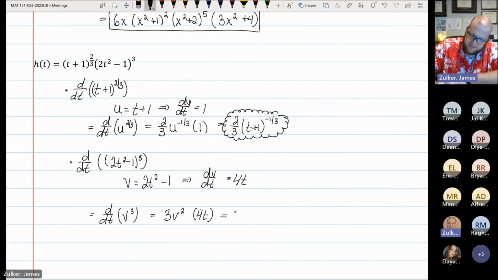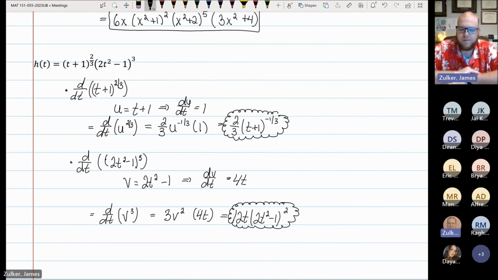Replace v. There's the derivative of the second function.